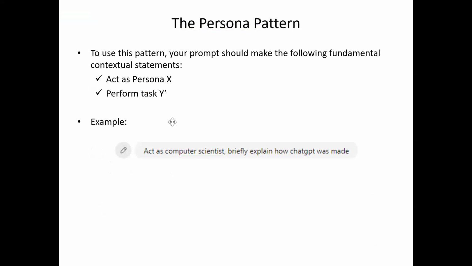So here's an example. Act as a computer scientist. Please briefly explain how ChatGPT was made. This kind of pattern will tell ChatGPT a specific type of role that helps it select what type of output to generate and what type of details to focus on.